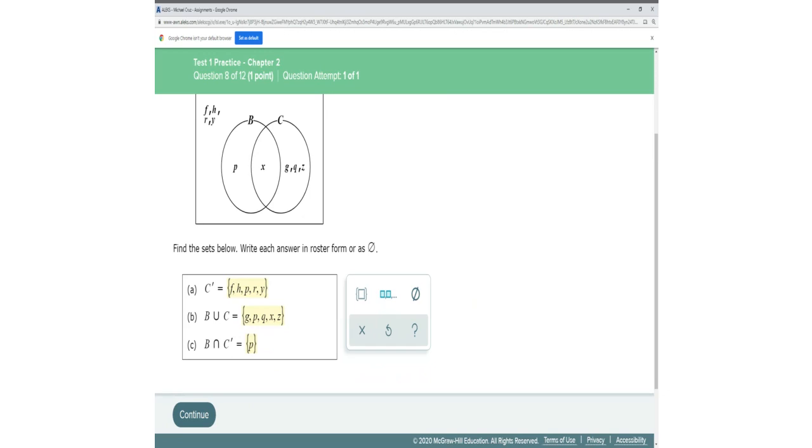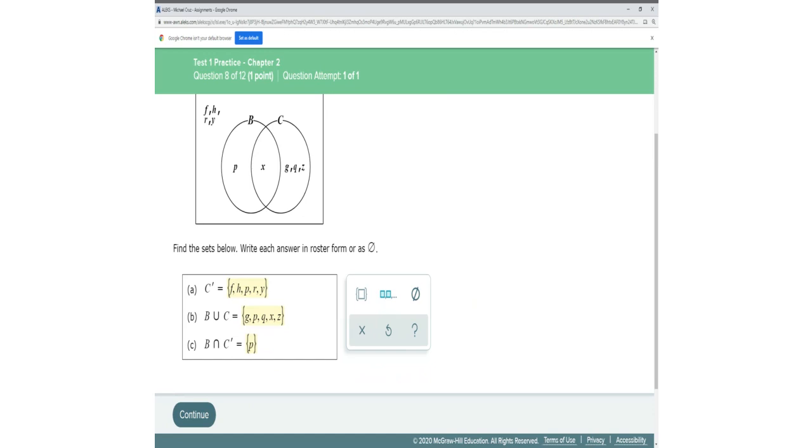Then what's left? P is still there. If you just cover up C, then P is there, F, H, R, and Y, because that's not in C, right?